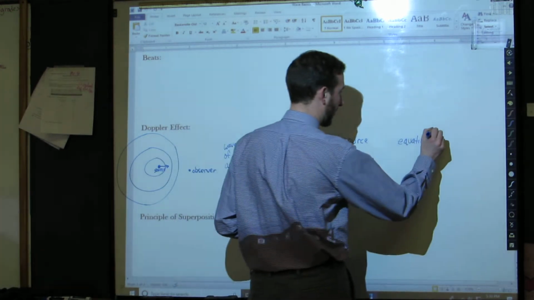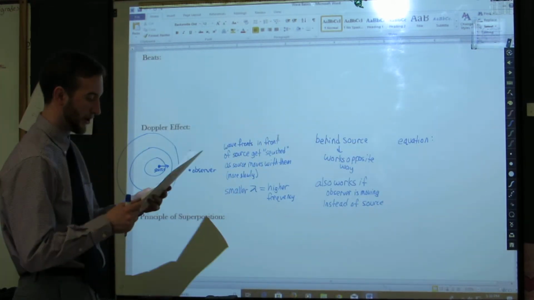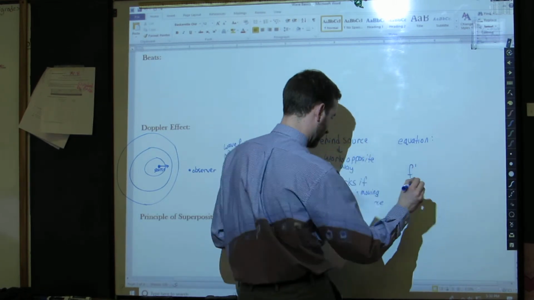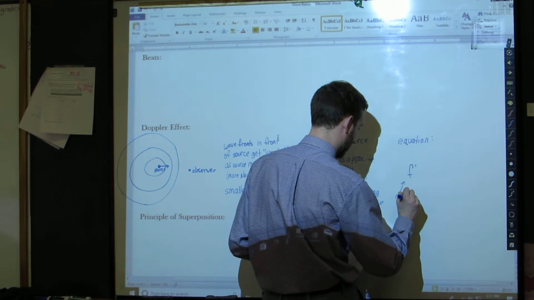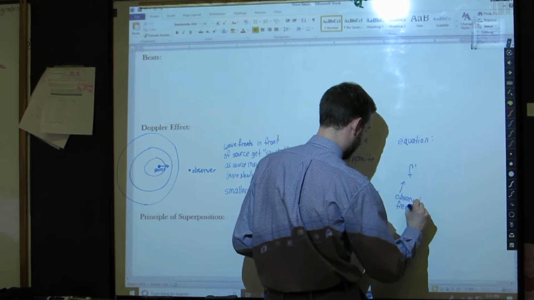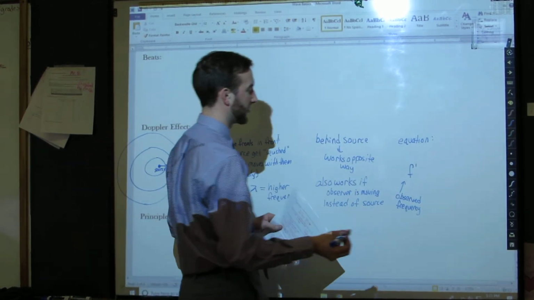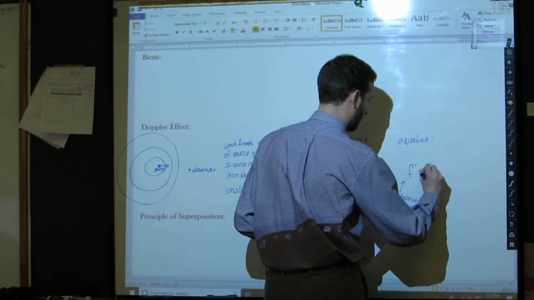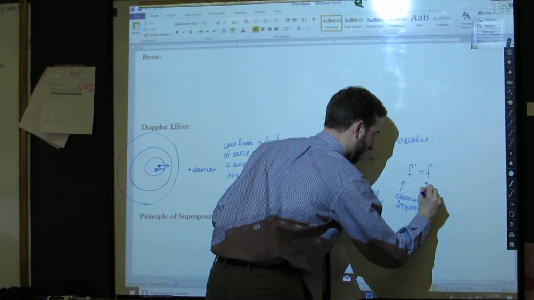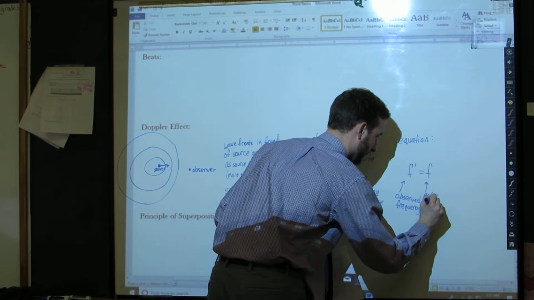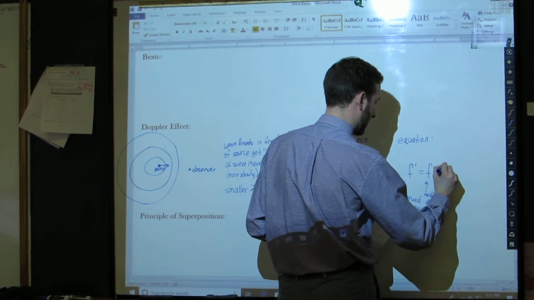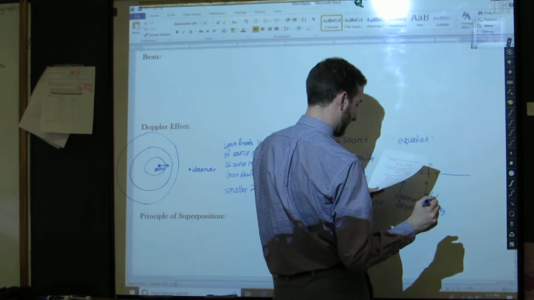The equation for the frequency heard by you, the observed frequency I should say, so we'll do f prime. This is the observed frequency. It is as follows. The observed frequency is equal to the actual frequency multiplied by a fraction with lots of stuff on it.